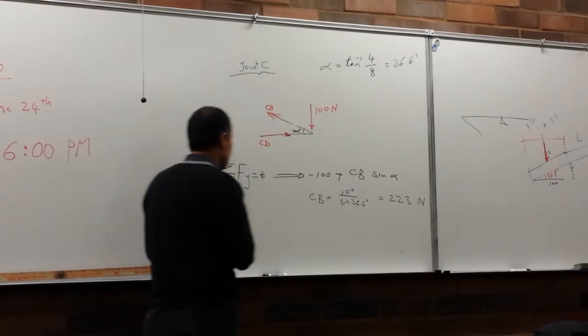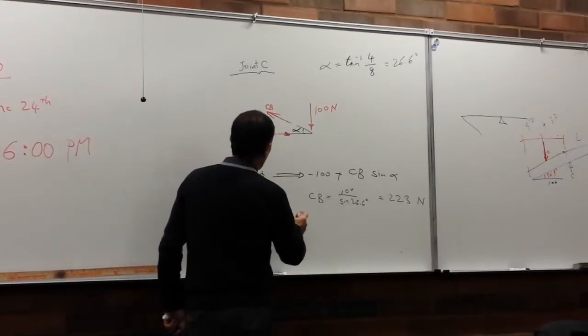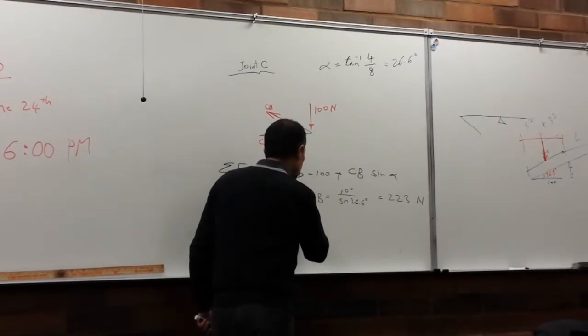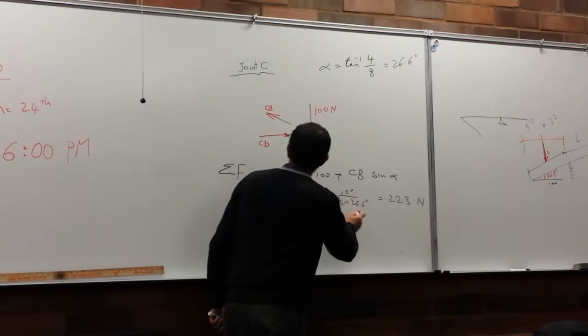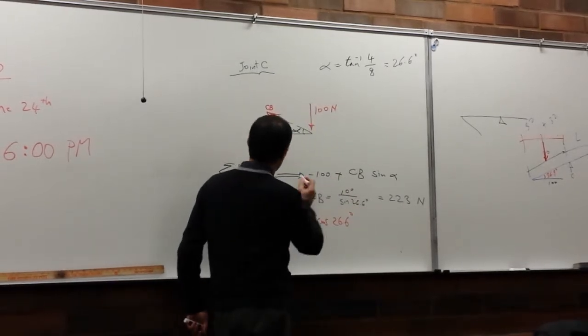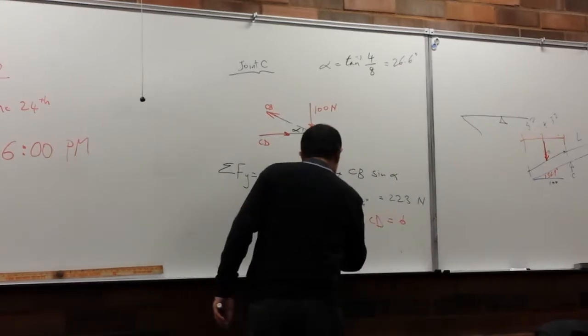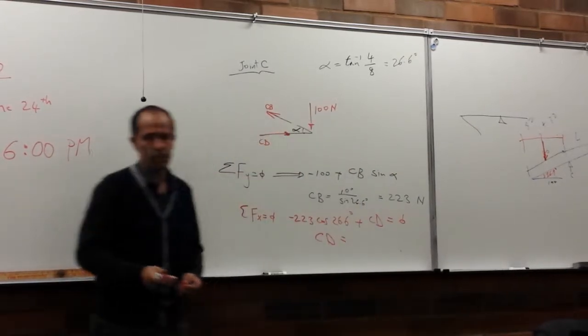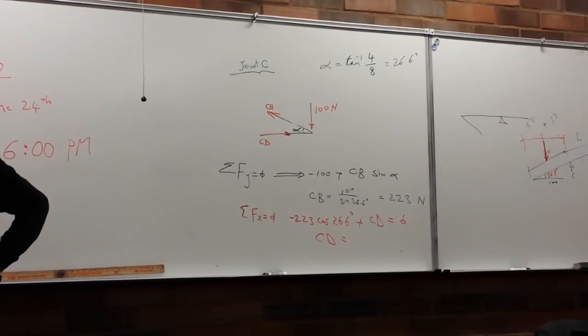Now, the next step is sum of forces on X equals 0. I have CB is 223 cosine of 26.6. This hitting this way is negative. Positive CD equals 0. What is CD, please? It is 199.